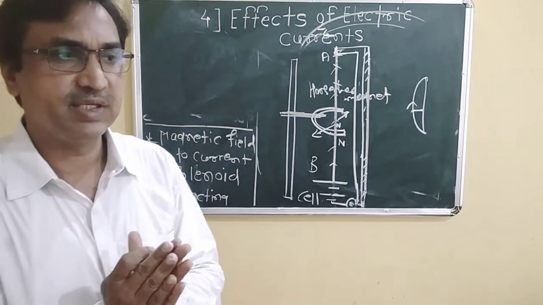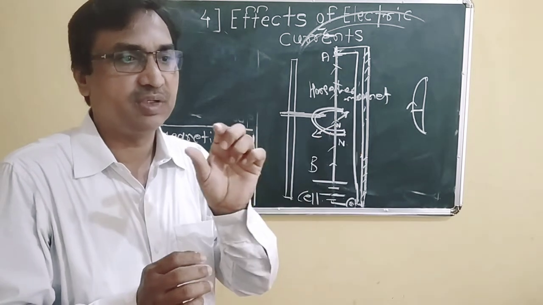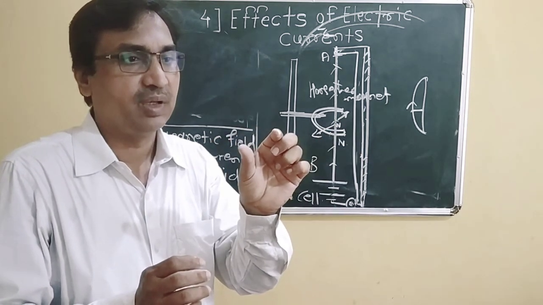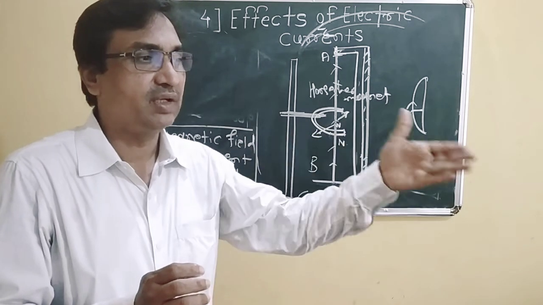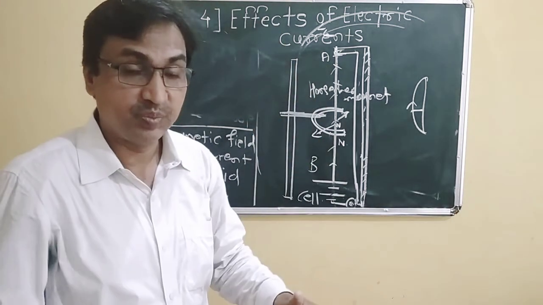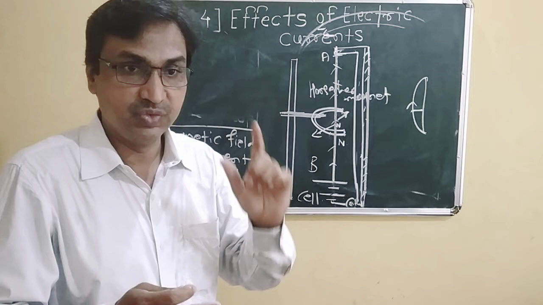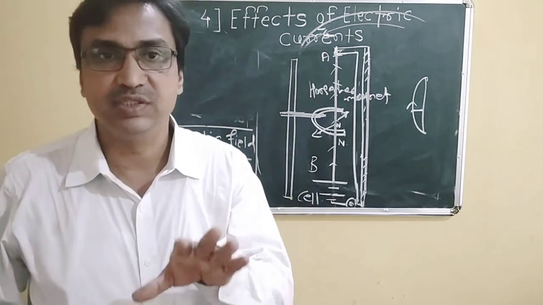In short, we can say that when reversing the current, the current carrying conductor is attracted to either side, whether left side or right side. It depends upon the direction of current flow. Here we can see that some sort of force is there.